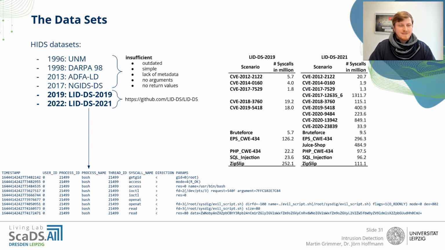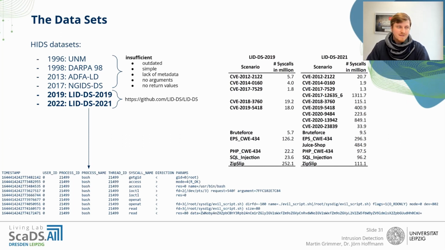And these data sets look more or less like this on the bottom here. You have timestamps, user ID, process IDs, and so on. You have all the metadata available here. We can even look into the data buffers of different system calls here. And here on the side, we have an overview of the size of these data sets.